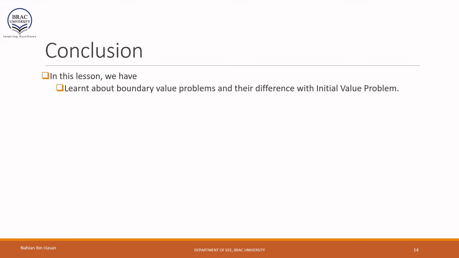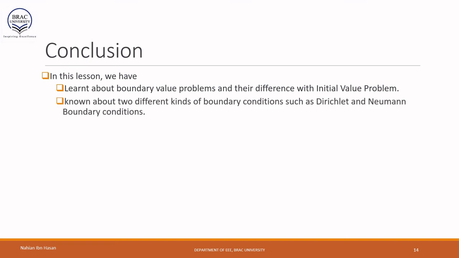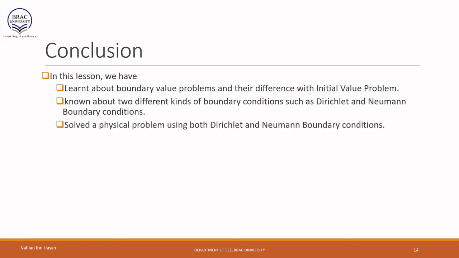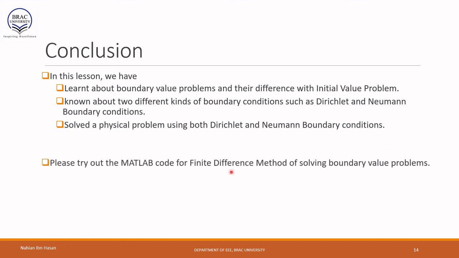So in this lesson I have covered the basic difference between the initial value problems and the boundary value problems, and I have shown you the difference between the Dirichlet and the Neumann boundary conditions, how those boundary conditions actually affect the system of equations. Okay, so I have also shown you a physical problem, that means the temperature distribution along the rod, and how that physical problem can be approached from the perspective of finite difference formulas by using both Dirichlet and Neumann boundary conditions.